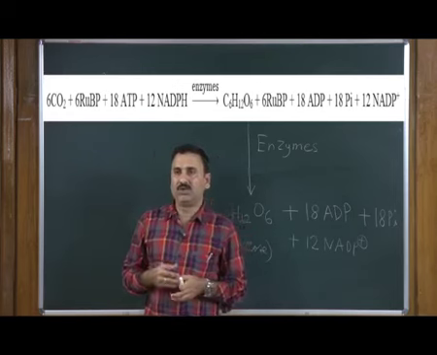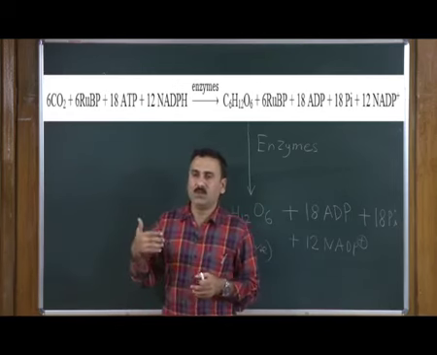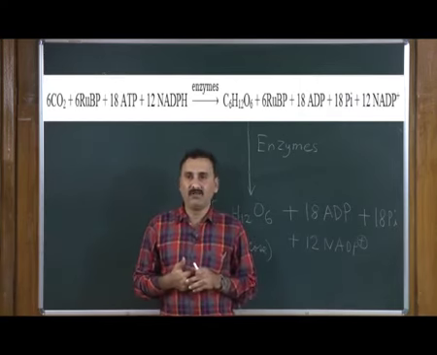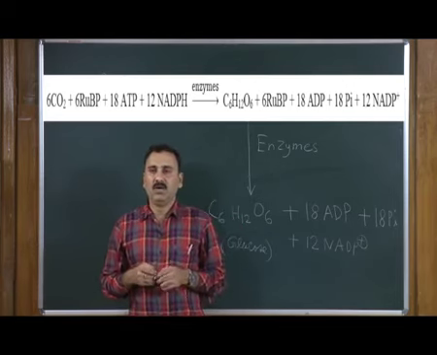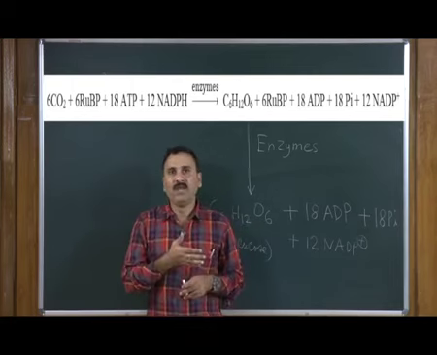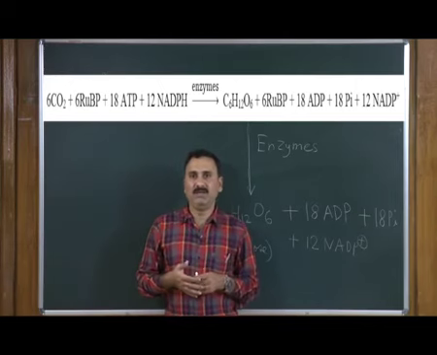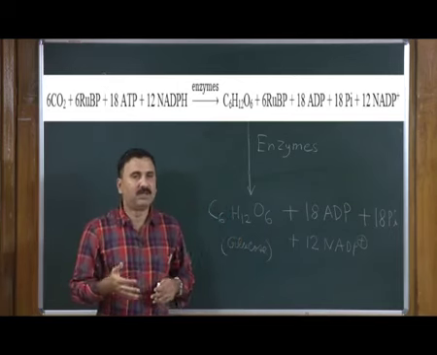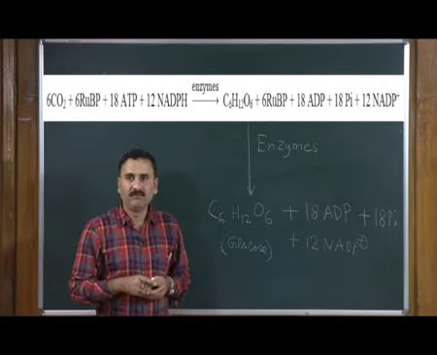In the subsequent lectures we are going to study the different variations in which carbon dioxide can be assimilated from the environment, as well as the different factors which influence photosynthesis, and how those can be modulated to achieve better productivity by exploiting this process. So, with this we are going to conclude our lecture here. Thank you.